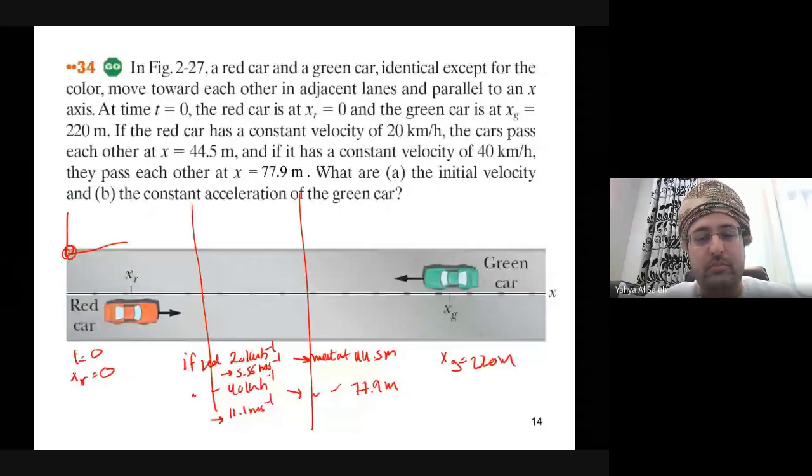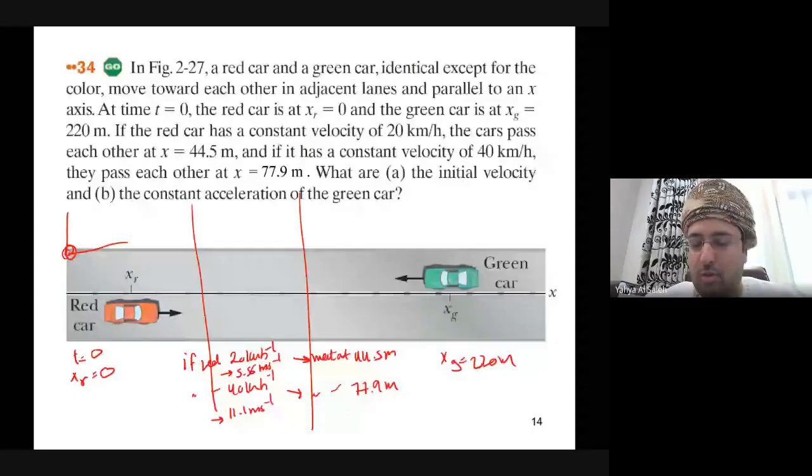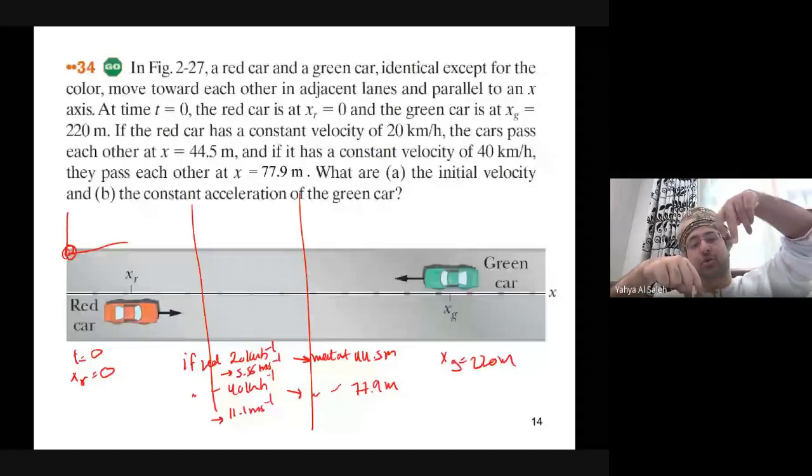For 2 things to meet, what are the 2 most important conditions? Same place, same time. Position and time. For you to meet your friend, you must be in the same place at the same time. If you are in the same place but at different times, you won't meet. If you are at the same time but in different places, you won't meet. Maybe your velocities are different, maybe your accelerations are different, maybe one of you is walking on his feet and the other on his hands. I don't know, it's fun day.